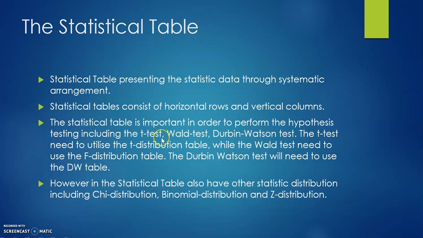The t-test, the f-test, and Durbin-Watson are going to be used in this class, and in this lecture, we will show how to use the t-test in hypothesis testing, as discussed in the previous lecture.